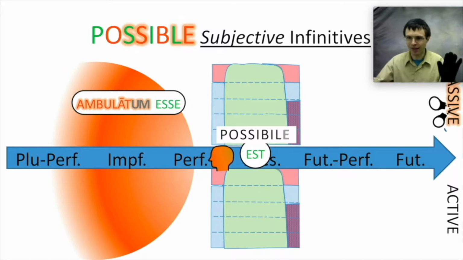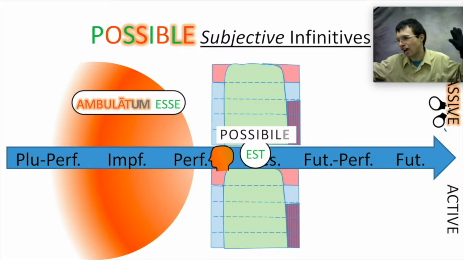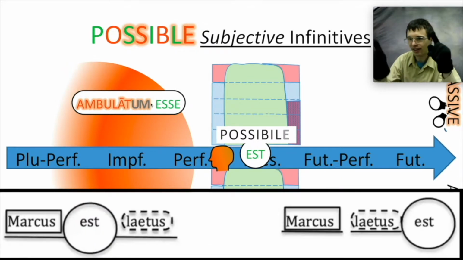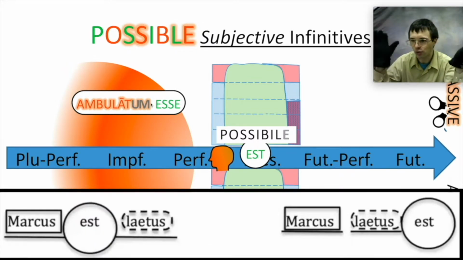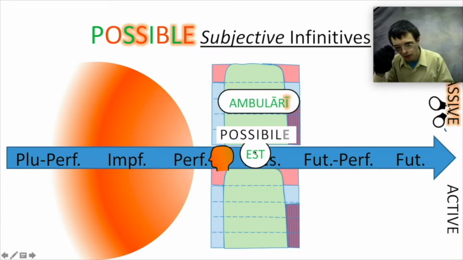It's not saying the state of masculinely having been walked or femininely having been walked. No. Just neutrally, abstract, like weird, whatever. Okay, just remember that the two things on either side of est have to be the same gender, unless they're both nouns. But in this case, possibile is not a noun. It's an adjective. So these two have to match. All right, ambulari, to be walked.